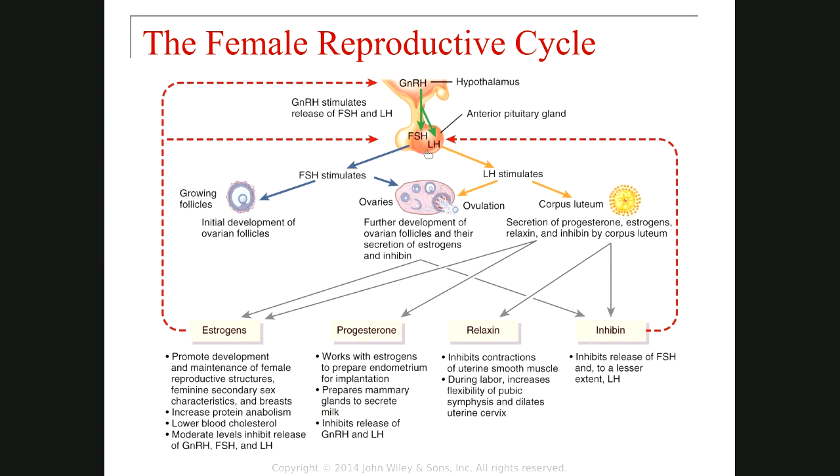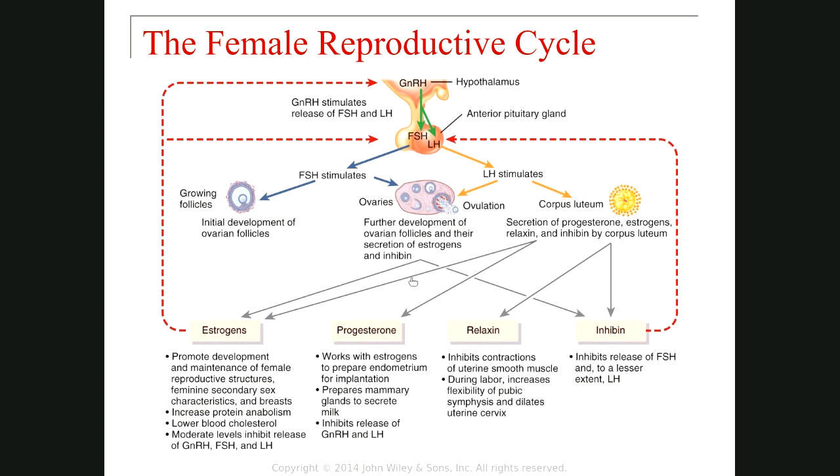The FSH or follicle stimulating hormone can stimulate the initial development of ovarian follicles, as you see in this picture. In addition, both FSH and LH stimulate the ovarian follicle to secrete estrogen.